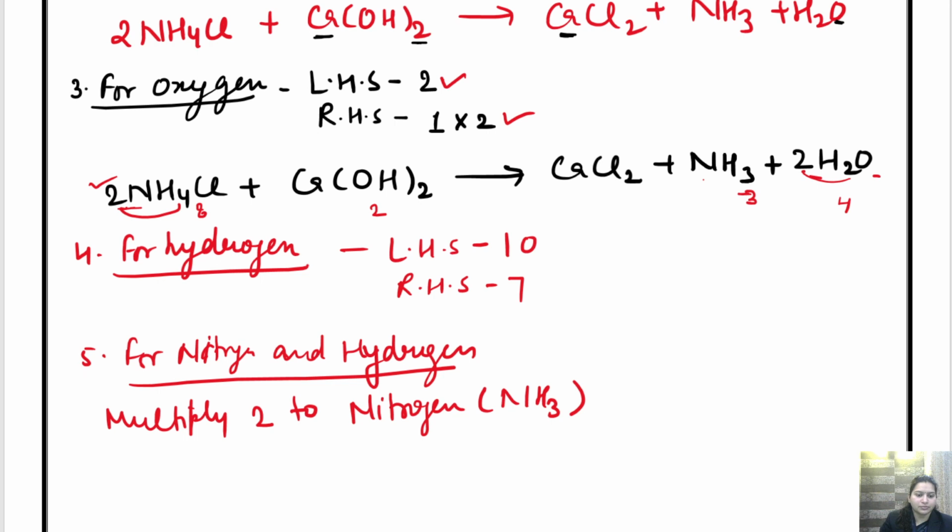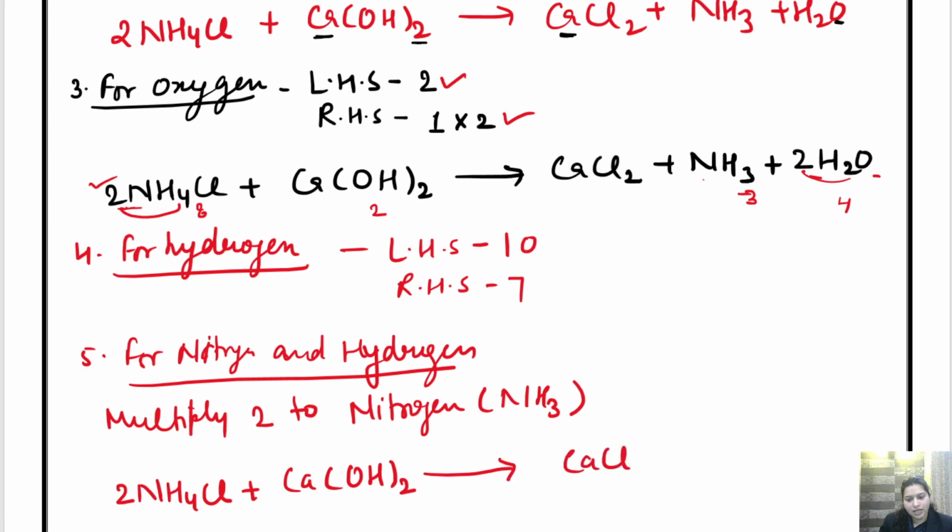It will be 2NH4Cl plus Ca(OH) whole twice will give you CaCl2 plus 2NH3 plus 2H2O. Now see whether the reaction is balanced or not.